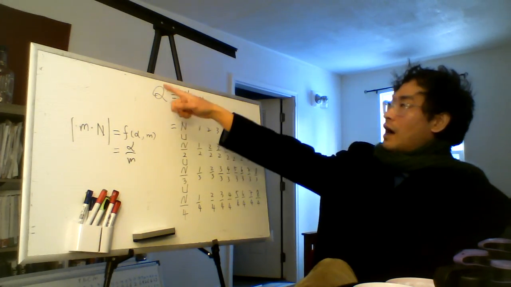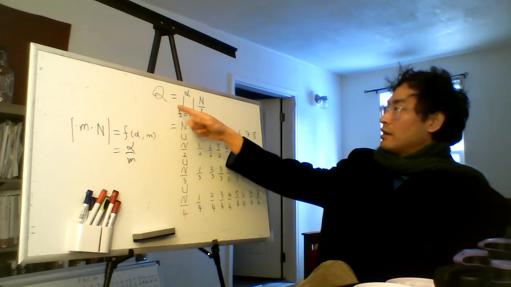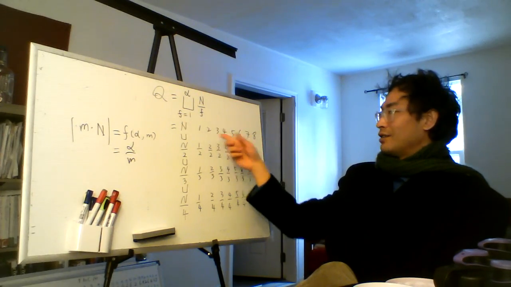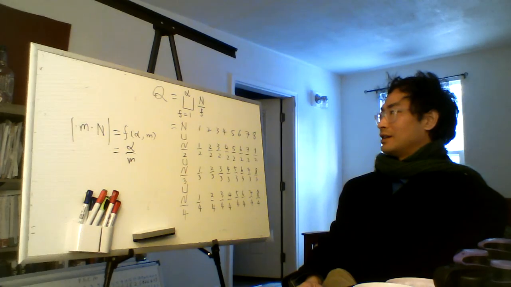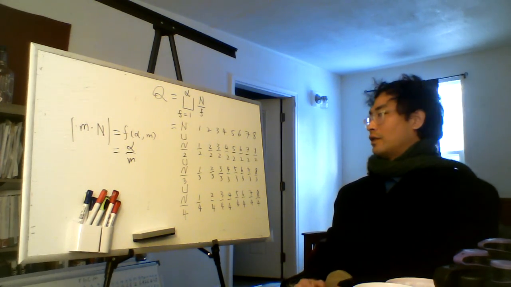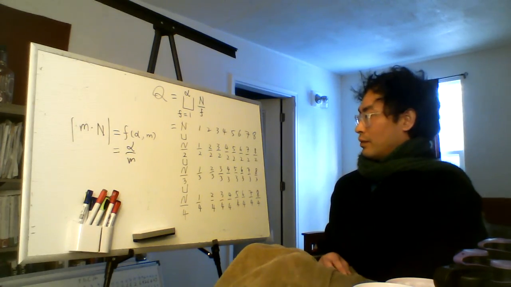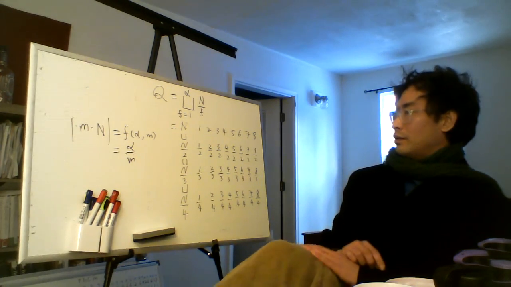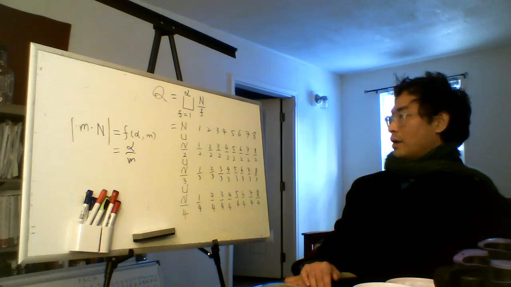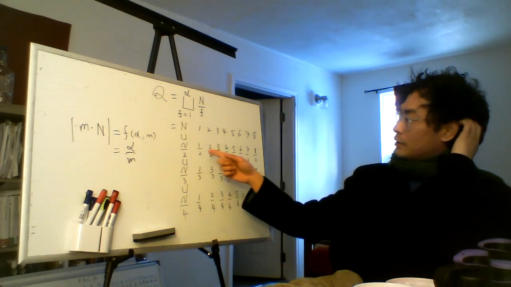So the cardinality, the size of the Q set, is the size of this. We have to get rid of all the intersections. We know what the size of all this is, right?